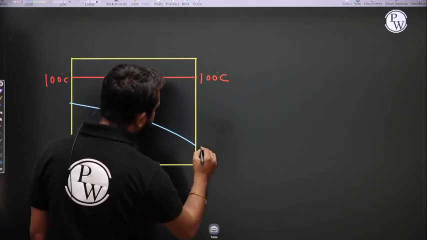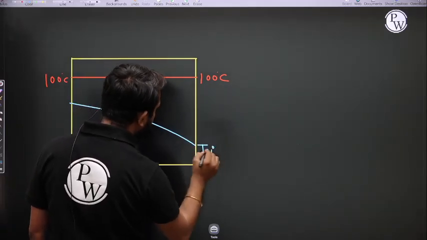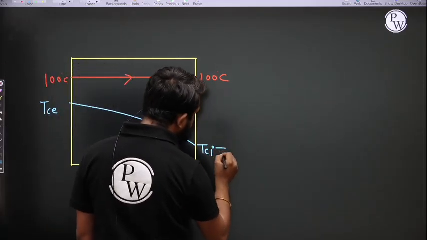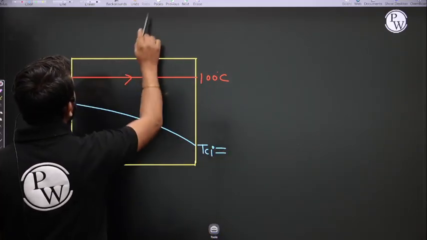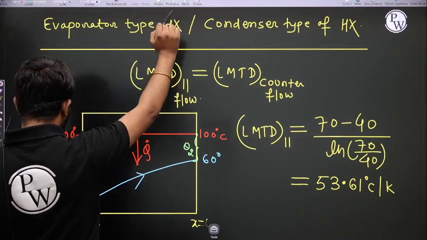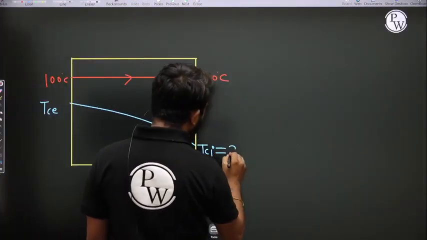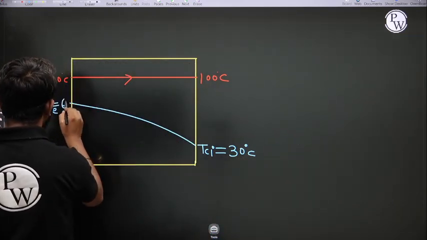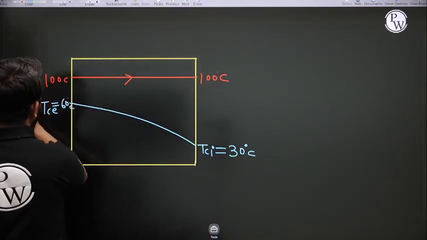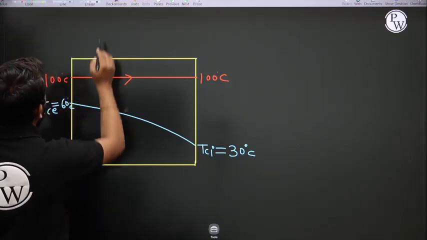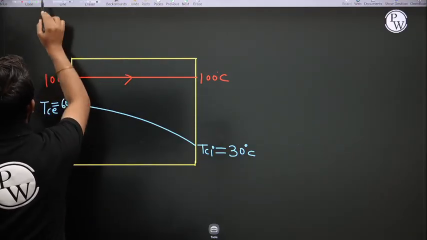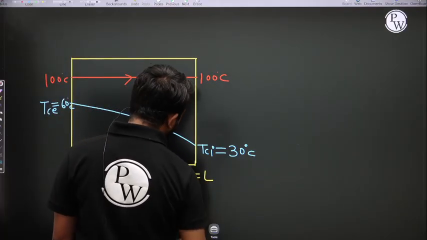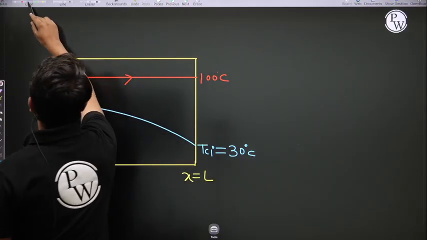Right, and this is the cold fluid inlet temperature, which is 30 degrees Celsius, and cold fluid exit temperature, that is 60 degrees Celsius. This is x equal to 0, and this is x equal to L. Right? Counter flow.